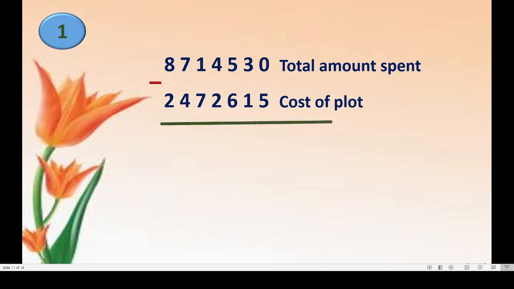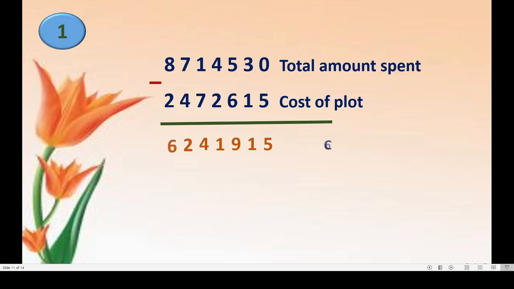What will we get? 0 minus 5, that is 10 minus 5 is equal to 5. 2 minus 1 is equal to 1. Again 15 minus 6 is equal to 9. 3 minus 2 is equal to 1. 11 minus 7 is equal to 4. 6 minus 4 is equal to 2. 8 minus 2 is equal to 6.